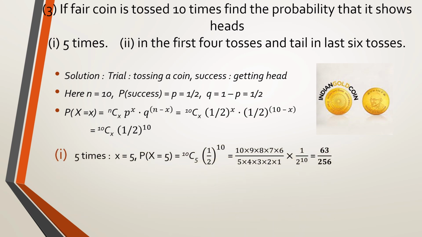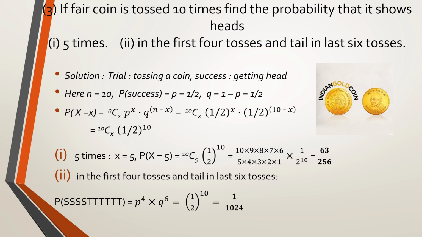First case is you want success 5 times. So obviously x is 5. Just substitute and get the answer as 63 by 256. Now second, you want four heads and tails for the last 6 tosses.